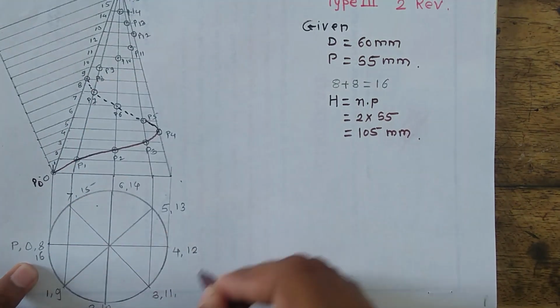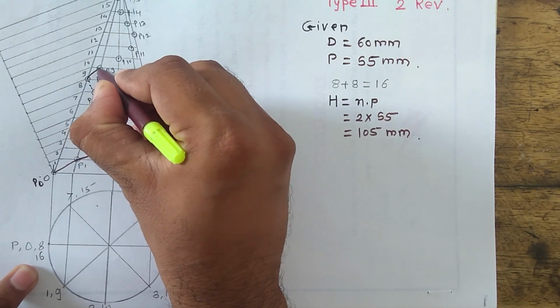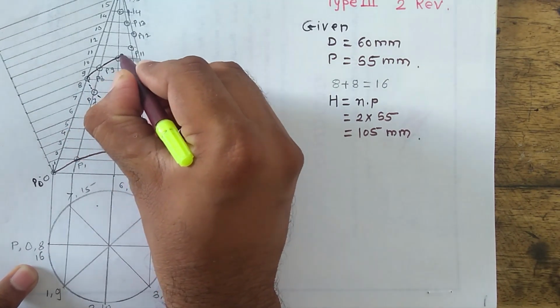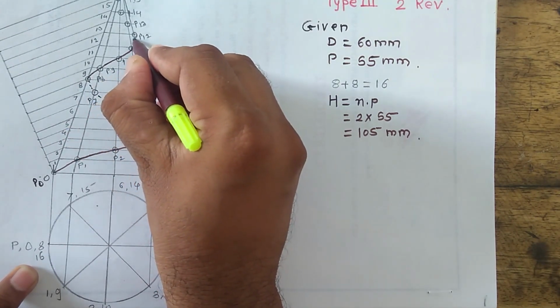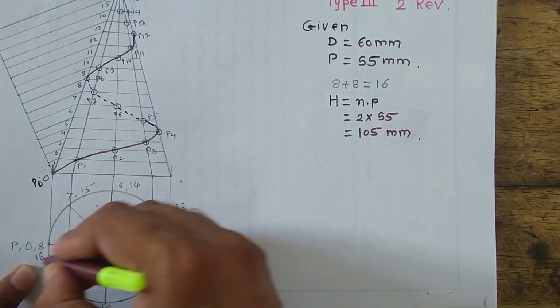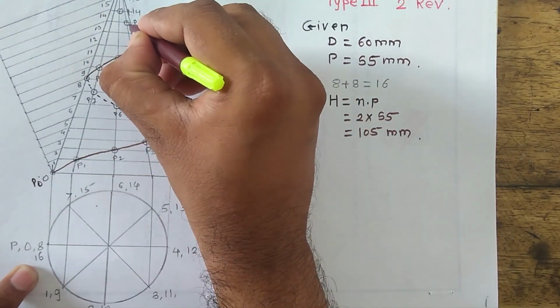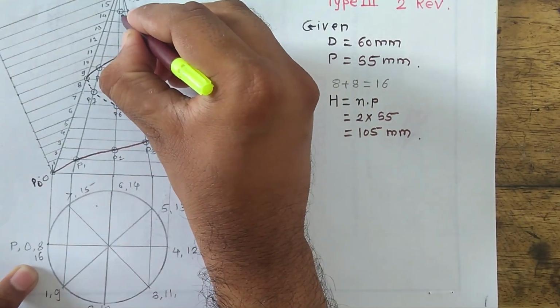After P8 the curve will again be visible, so we have to show it dark till P12. Okay, after P12 the curve will be invisible, so we have to show it with dotted lines.